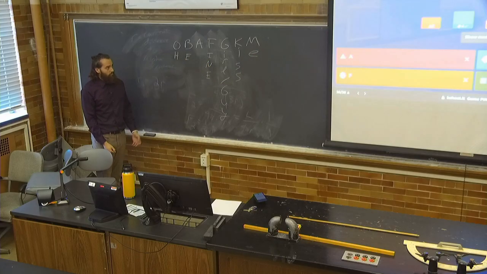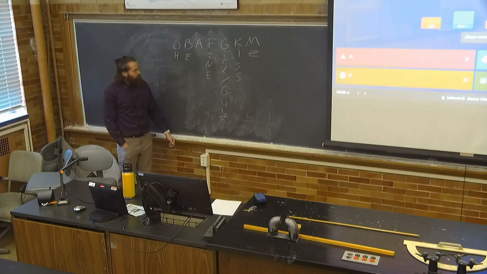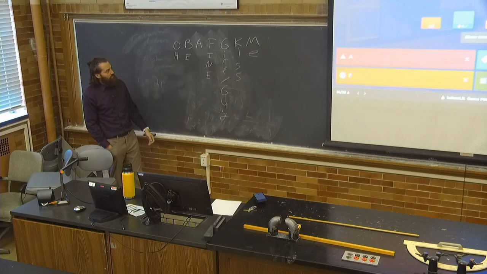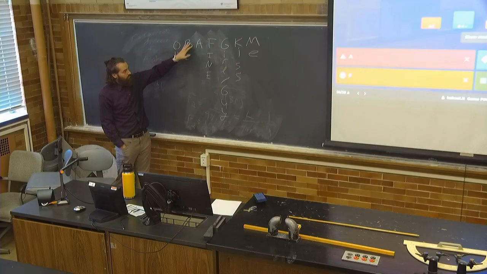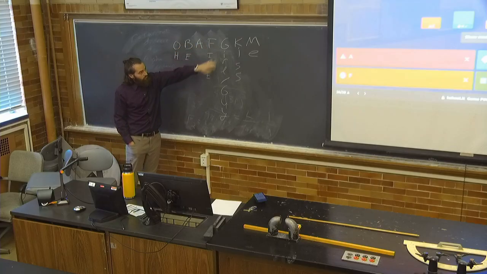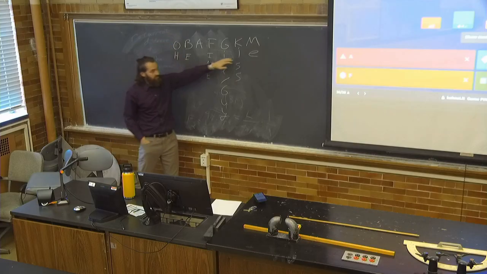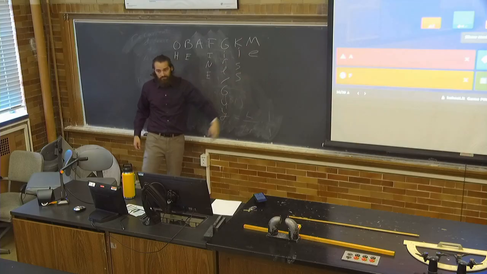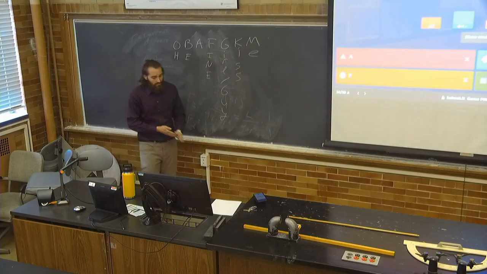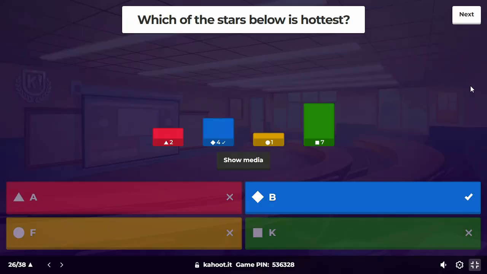I think that's probably a bit of a dated mnemonic device, so if you can think of a better one, you can let me know. This is the order of the spectral types of stars, starting from the hottest on the left and the coolest on the right. And so for this problem, B is the hottest spectral type in this list.